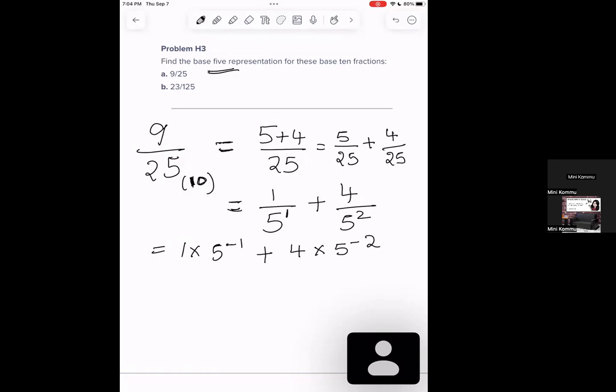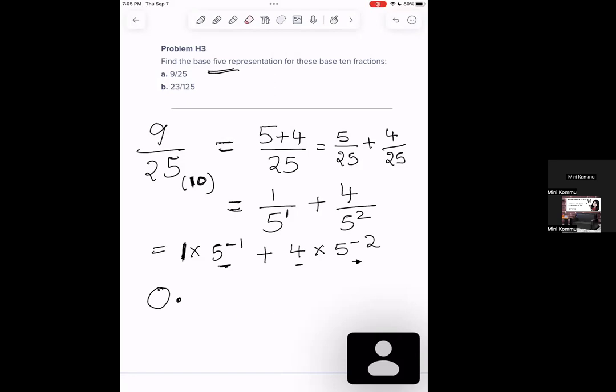All right. That means this 1 is there in the 1/5 place and 4 is there in the 1/25 place. You guys know that 1/5 place is the first place after the decimal in base 5, and then the 1/25 place is the second place after the decimal in base 5, right?